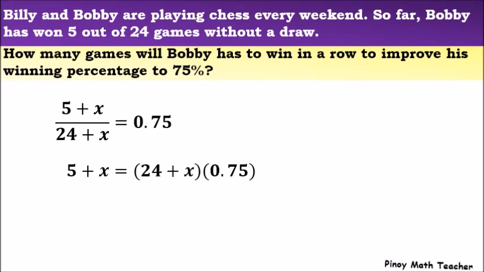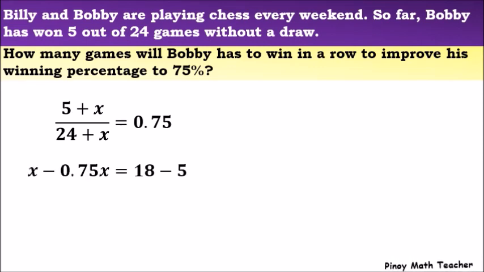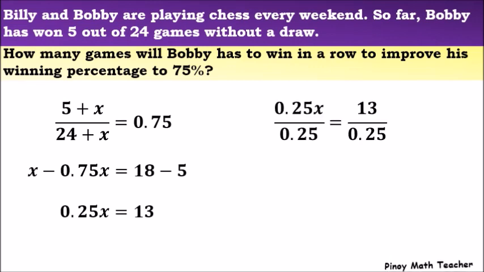So, we have 18 plus 0.75x. Okay, transpose natin yung 0.75x sa left. At yung 5 naman, i-transpose natin sa right. So, ganito kalalabasan yan. x minus 0.75x equals 18 minus 5. So, simplify natin. 0.25x equals 13. Next, divide natin both sides by 0.25. Okay, so x now equals 52. So, kailangan manalo siya ng 52 na sunod-sunod para mag-increase yung winning percentage niya to 75%.